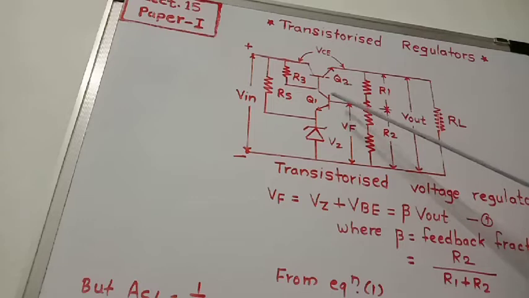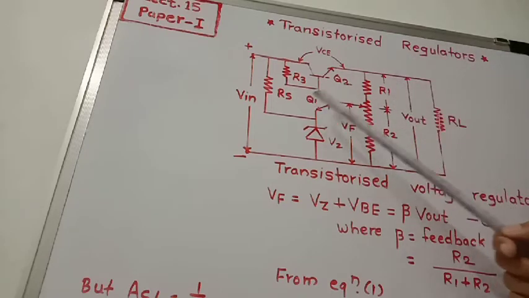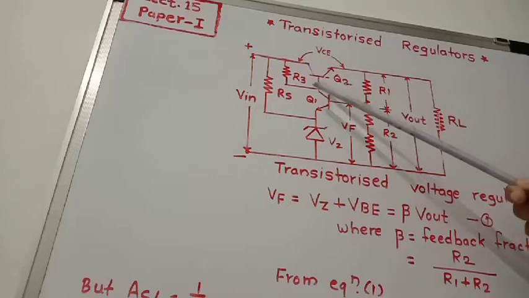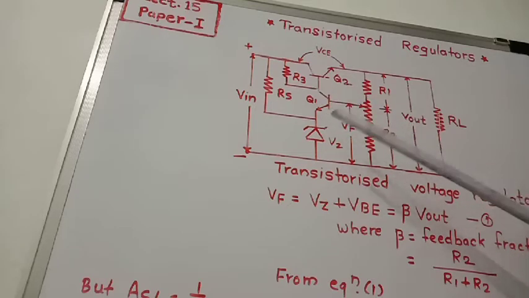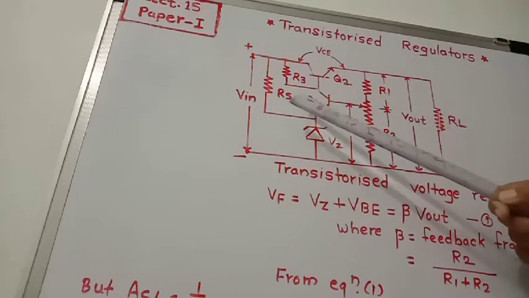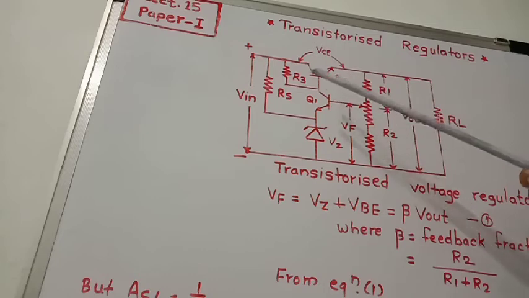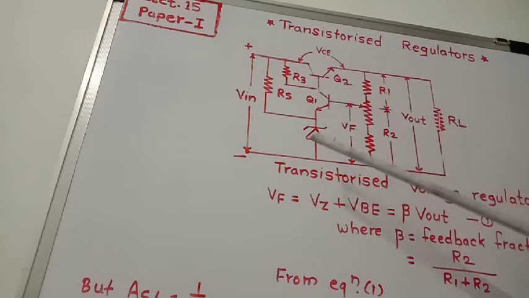So the base voltage of transistor Q1 increases. Since the base voltage increases, the transistor conducts fully, and then the collector voltage of transistor Q1 decreases.